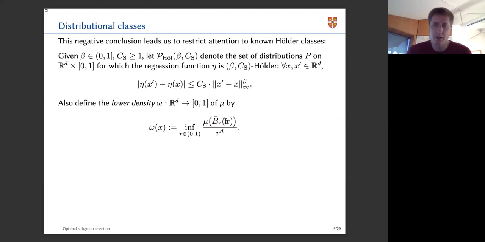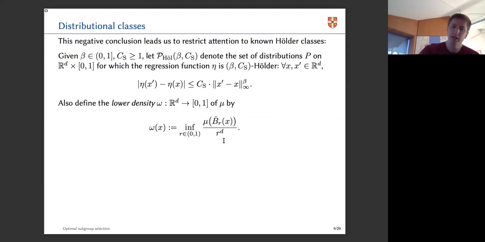This B bar r of x, that's the infinity norm ball of radius r about x. So its volume would actually be 2r all to the power d. So if I put a 2 to the d on the bottom, and I don't really care about just dimension-dependent constants in this work, so that's why I'm not putting the 2 on the bottom. So I'm dividing the measure of this ball essentially by the volume of the ball.